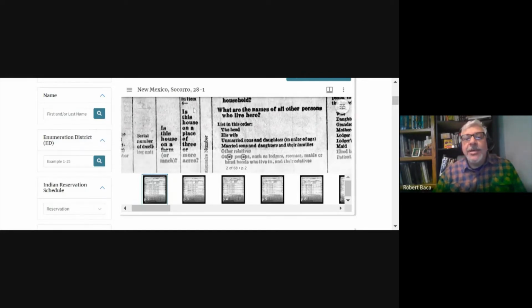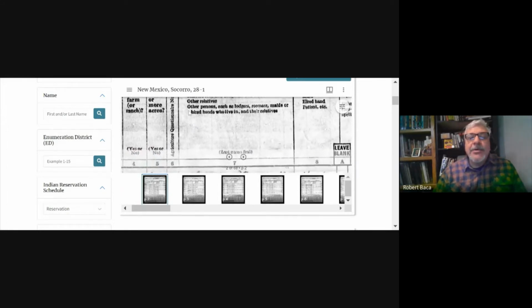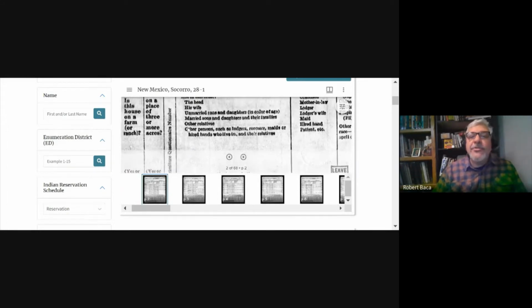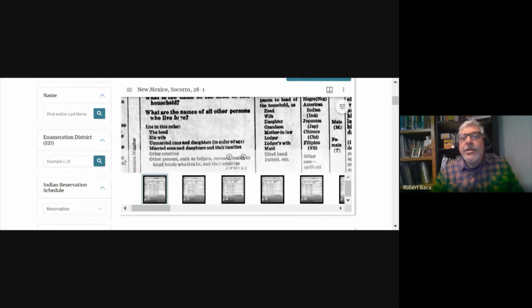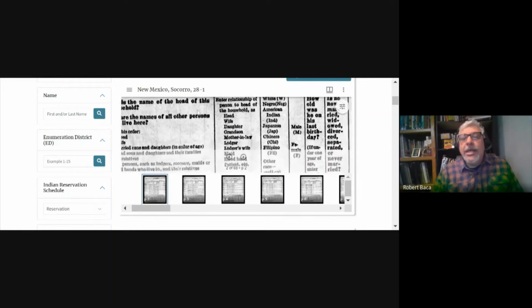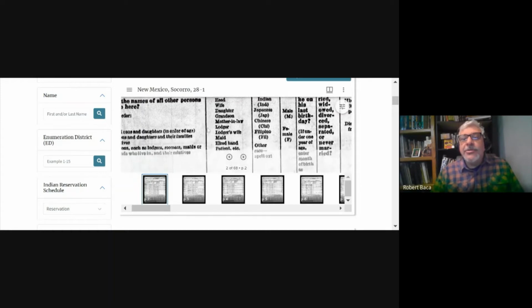Is this house on a place of 3 or more acres? Agricultural questionnaire number. So if you were on a farm, they'll have another form that you could look up for agriculture. What is the name of the head of the household? All the names of the people that live there, and what they are: head, wife, daughter, grandson, mother-in-law, lodger, etc.